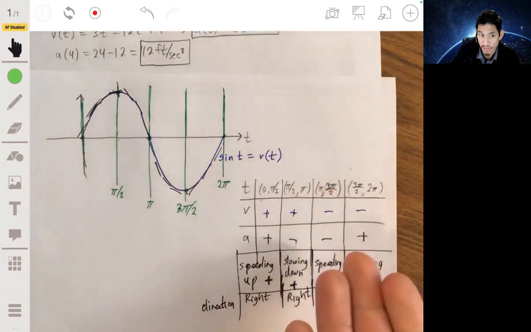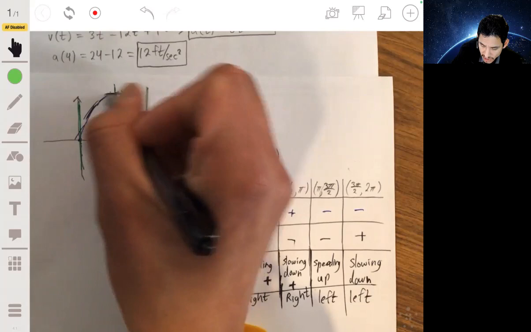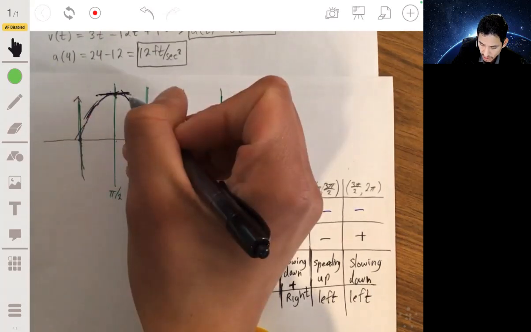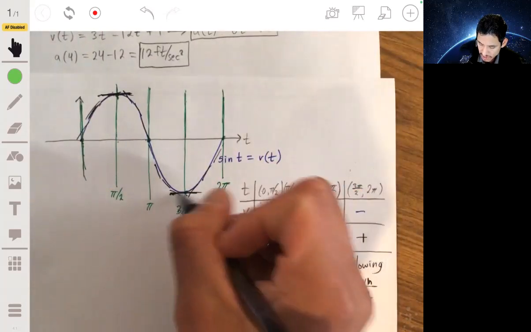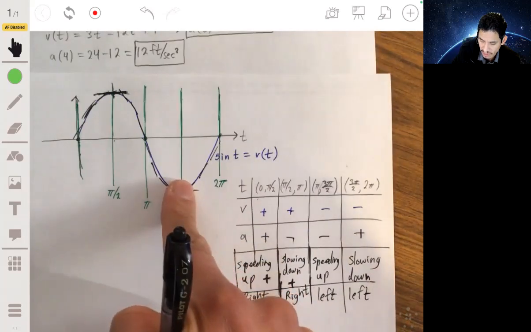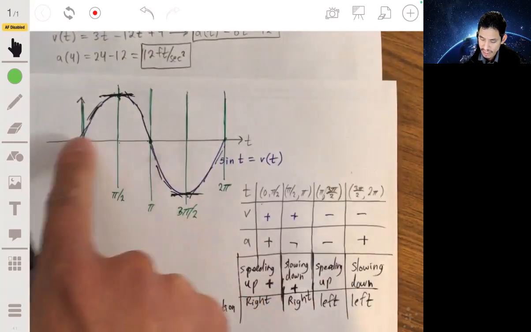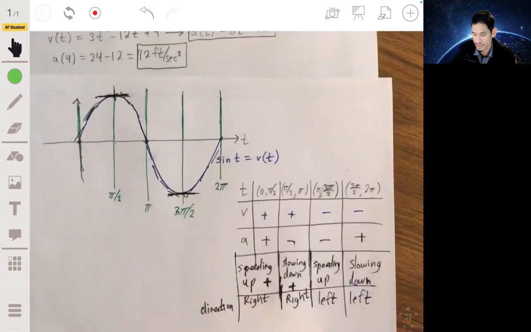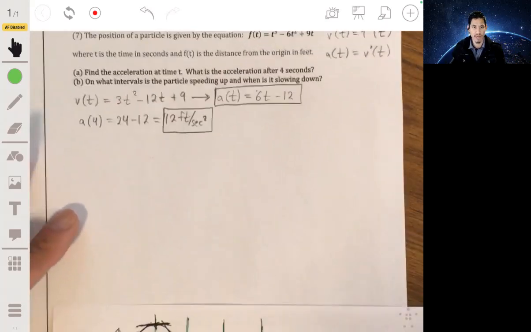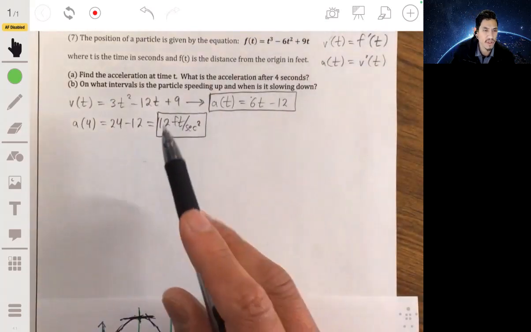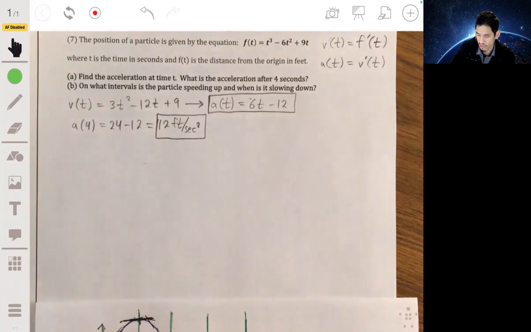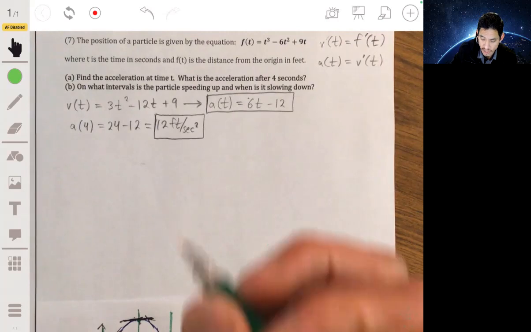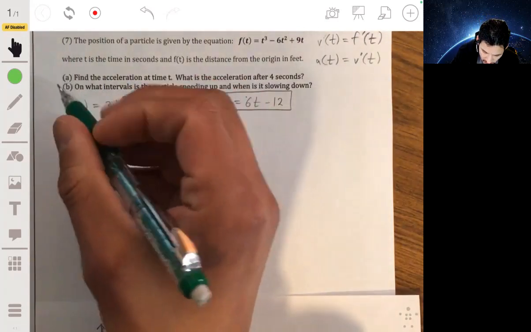The key to finding those intervals is figuring out where the acceleration is 0, because there we'll have horizontal tangent lines, and where the velocity is 0. So let's go back to the original problem. To figure out where the particle is speeding up and when it's slowing down, let's start by figuring out the zeros of velocity and acceleration.